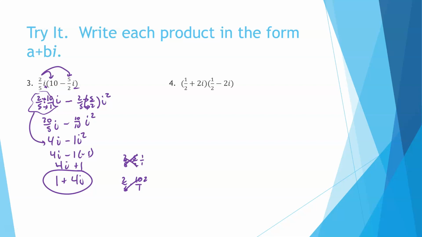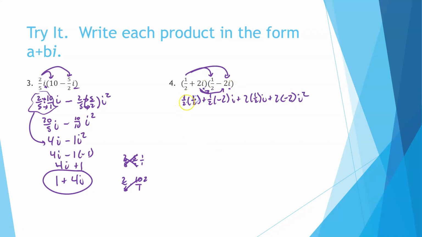If you don't, I'm going to go through it here. This time I'm going to show a few more steps. I do that distribution: 1/2 times 1/2 plus 1/2 times negative 2i, plus 2 times 1/2 i, and then plus 2 times negative 2, and then I have the i times the i, which is the i squared.